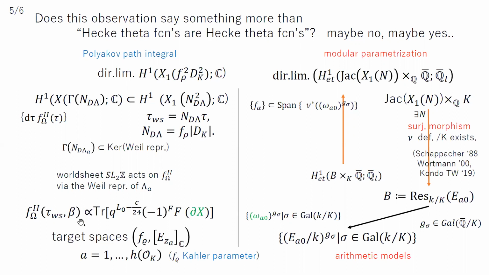And we can just think of those characters on genus one as subject to the Weil representation of the SL2Z transformation on the worldsheet complex structure parameter. But the Weil representation associated with the lattice has a kernel. The kernel contains the principal congruence subgroup with the level determined by the level of the discriminant quadratic form associated with this lattice.